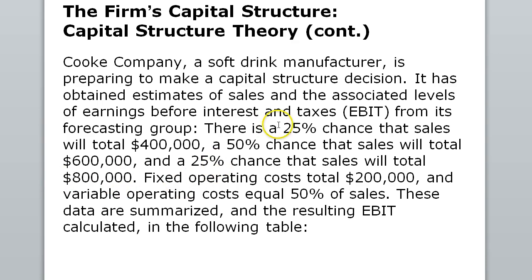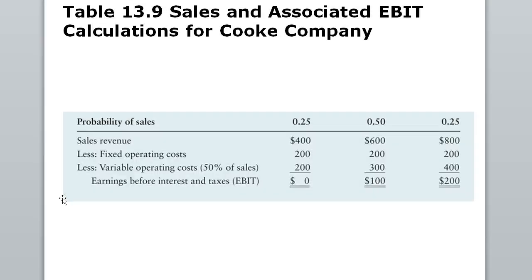So, pessimistic, most likely, and optimistic scenarios, like we talked about in the last chapter. The data is summarized, resulting in EBIT calculations in this table. At each different revenue position, we wind up getting a different level of EBIT. Obviously, the most EBIT is when we sell the most soda.